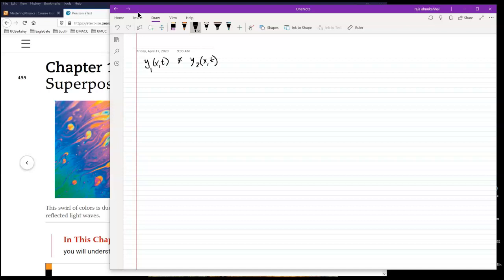Imagine you have a string, say a guitar string, and you have one pulse, y2, going this way, and another pulse, y1, going this way. So those two waves are moving in opposite directions, and they're about to meet each other on the same string. Let's see if I can draw the same string. There it is.